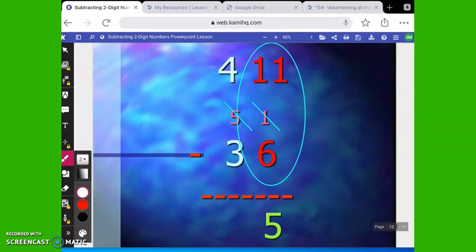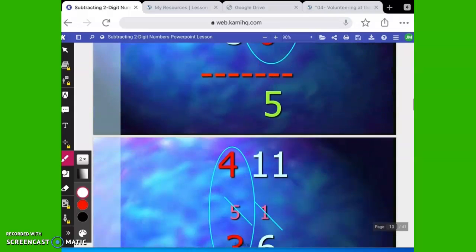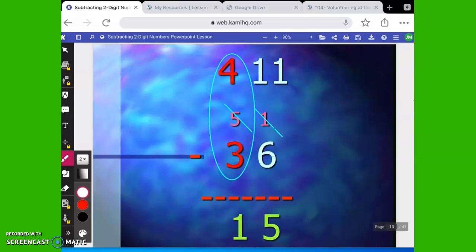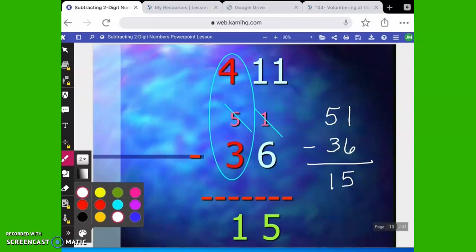Again, that's our ones place value. And then we can say 4 minus 3 is going to be 1. So if we have the problem 51 minus 36, after we subtracted and borrowed, our answer is 15.